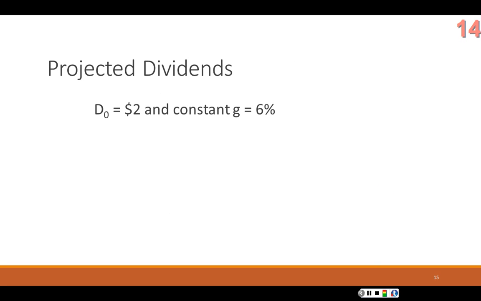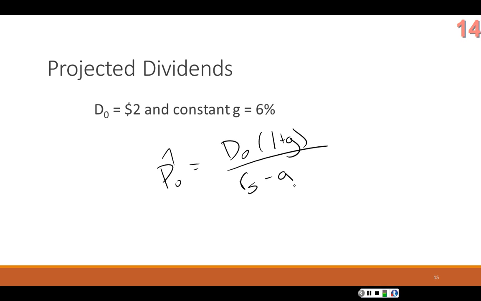So if we have a stock and we know that they just paid a dividend of $2 and they have a required return of 13% and their growth rate is 6%, we can calculate that firm's intrinsic value. Remember, we can do this because the stock's intrinsic value is equal to the last dividend paid times 1 plus the growth rate divided by the required return minus the growth rate.